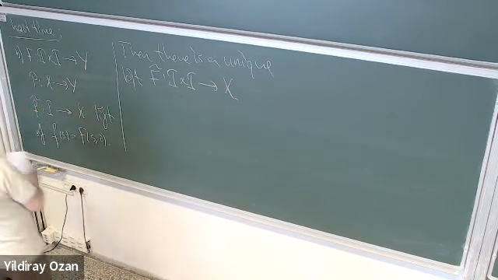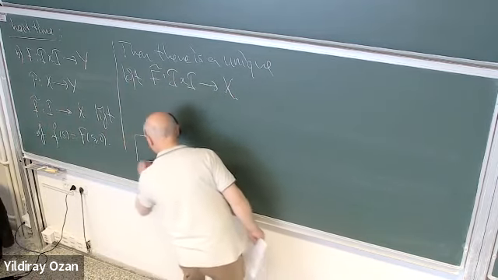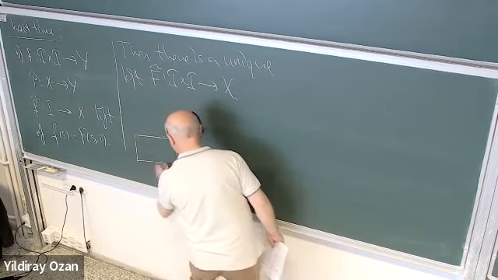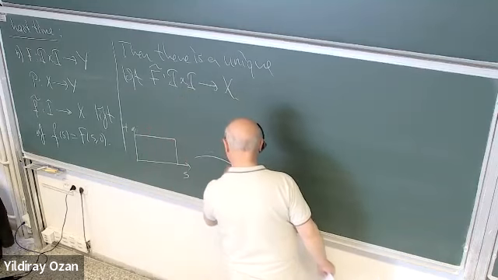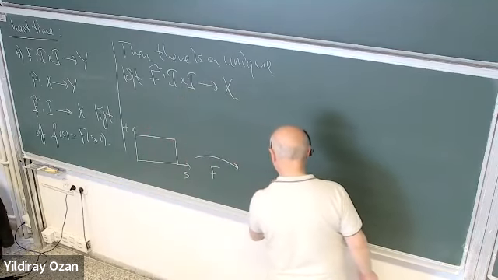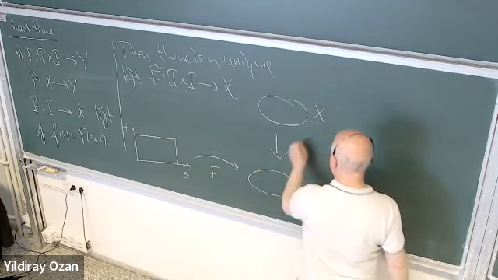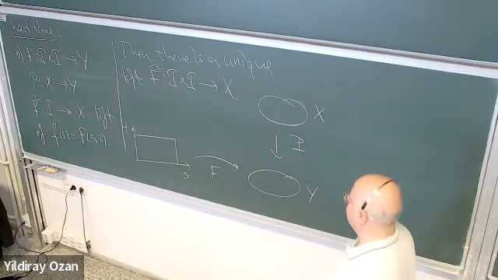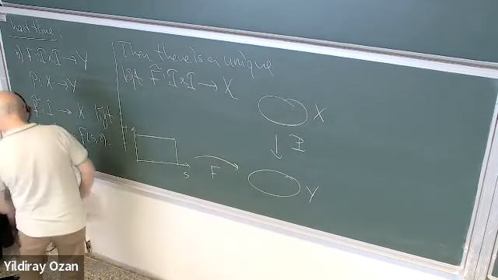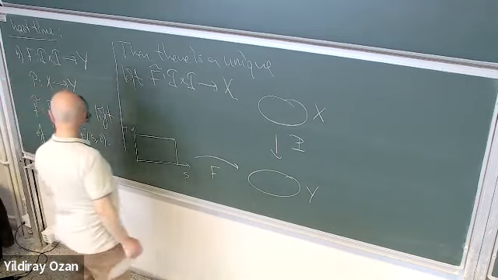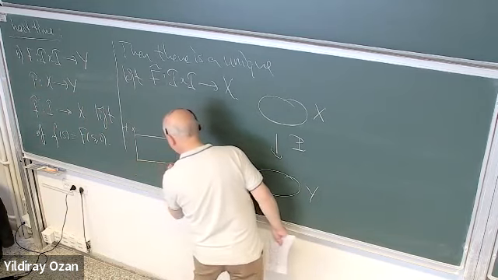Let me draw a picture for this. So we have I cross I here as the domain, and we have our homotopy F to Y, and here we have X, the covering space, and we have the so-called f little tilde, a lift of the following.